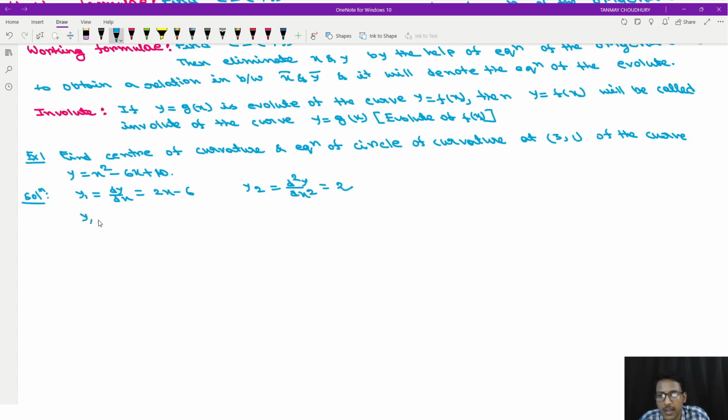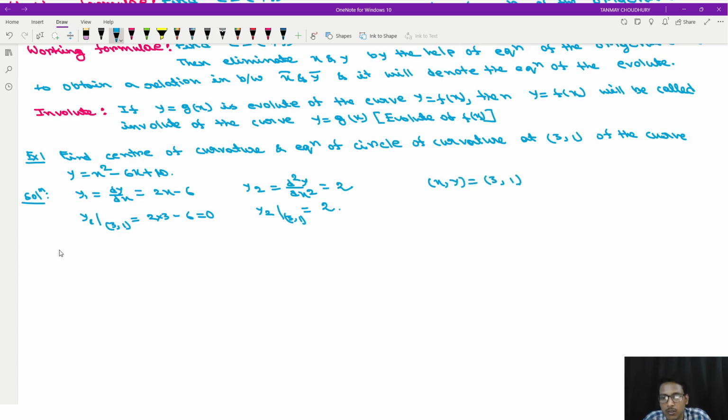So y1 at the point 3, 1 is 2 times 3 minus 6, that is 0, and y2 being a constant evaluated at 3, 1 is also 2. And in this case the point xy is nothing but 3, 1.